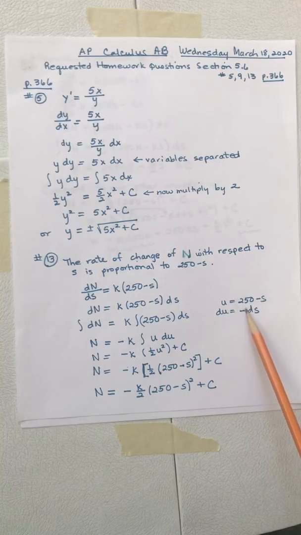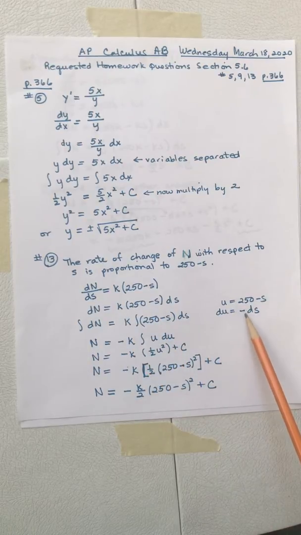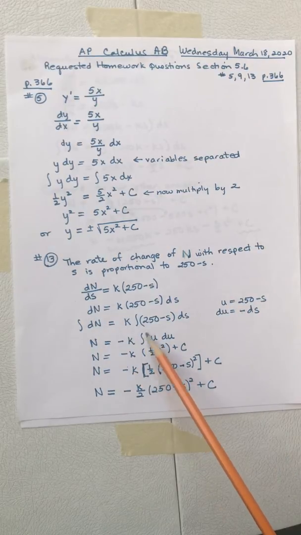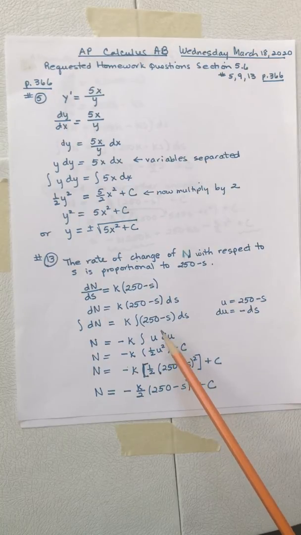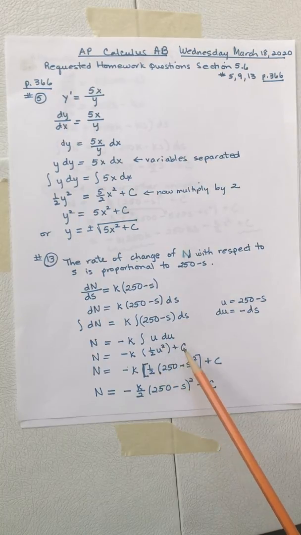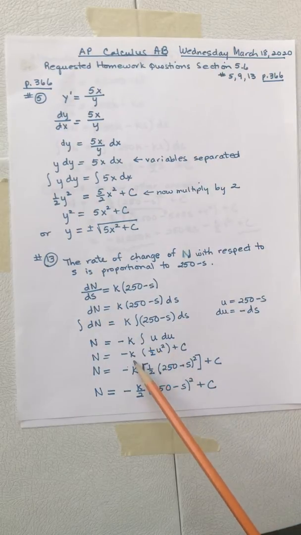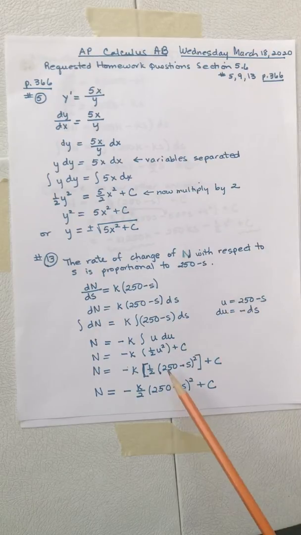We pick up a negative here that's not in the original problem, so we compensate for it by putting a negative in front of k. And now we're integrating u du, which we all know is 1/2 u squared, plus c, and we have our negative k here. Now we take the u and plug back in the 250 minus s.